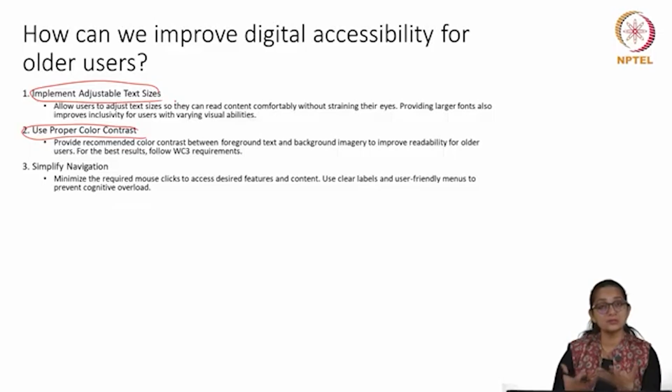Use the concept of affordances; you can refer to the session on affordances for that information. And of course, we have the WCAG guidelines to help you in understanding how to make navigation simpler.